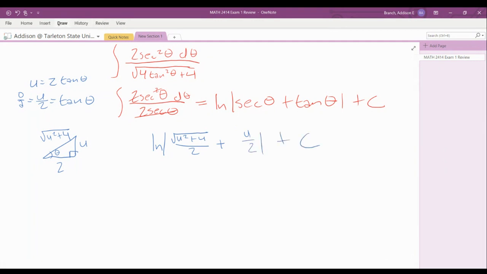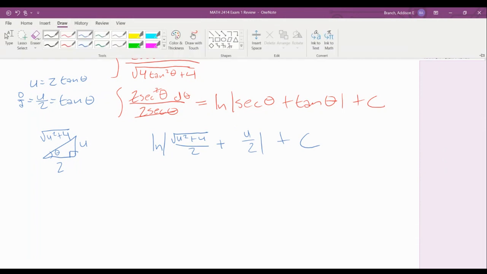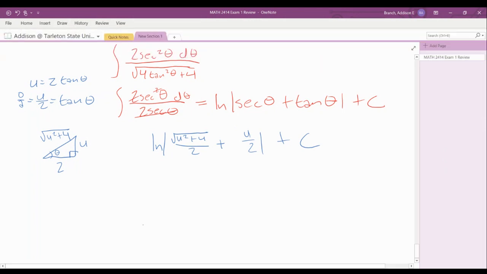And then lastly, we can just go back and convert back to our initial u sub. So we're going to get square root x squared plus 2x plus 5 when we redistribute everything over 2, plus x plus 1 over 2.